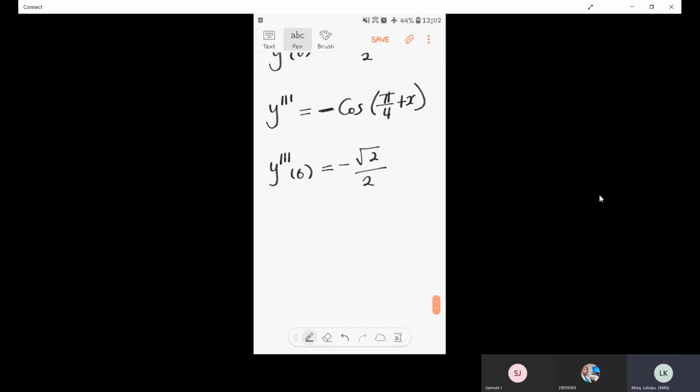So now I rewrite it according to the Maclaurin series formula.